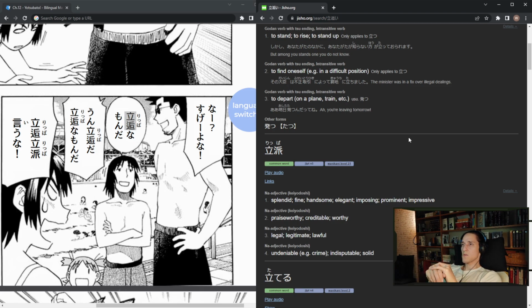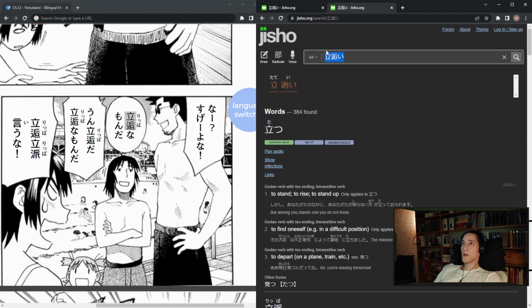Kei yodoshi. Wait, is it kei yodoshi or kei yodoshi? If this would be the end of the word, I would read it ke. But now, when it's in the middle, I'm not sure.